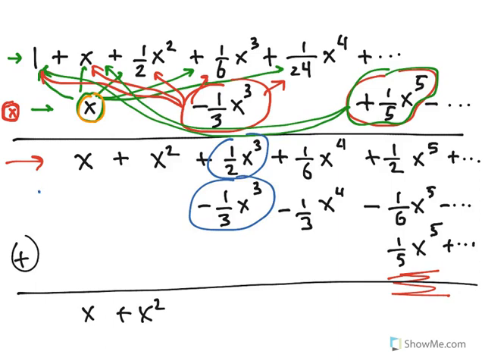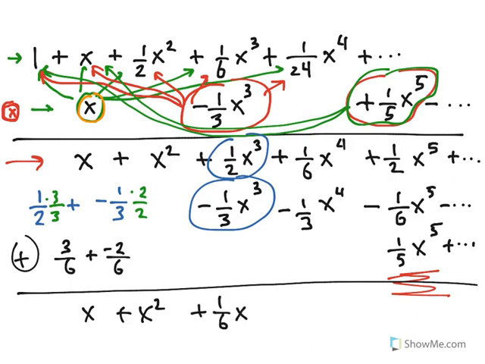I will just need to add the leading coefficients: 1/2 plus negative 1/3, and you need a common denominator of 6. That would give you 3 over 6 plus negative 2 over 6, which is going to give you 1/6. So you will have 1/6 x cubed.